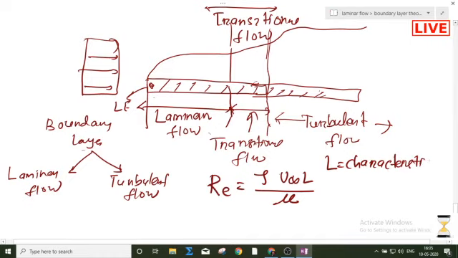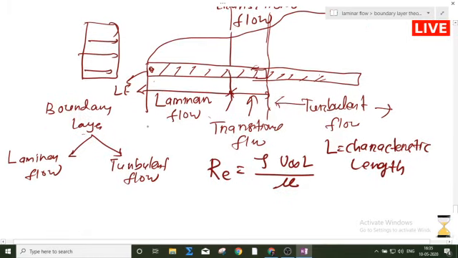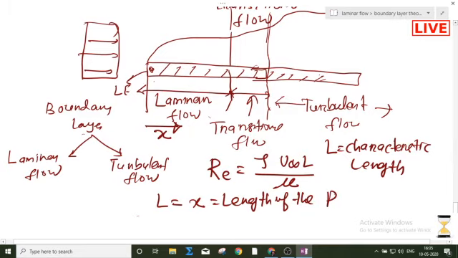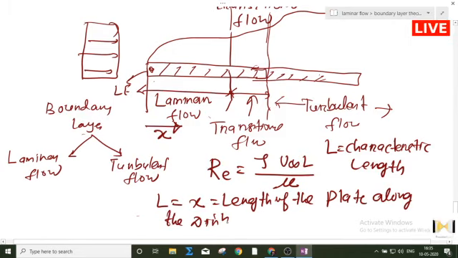For the boundary layer, this L is measured along the length direction of the plate, so the characteristic length is taken as x, the length of the plate along the direction of flow.